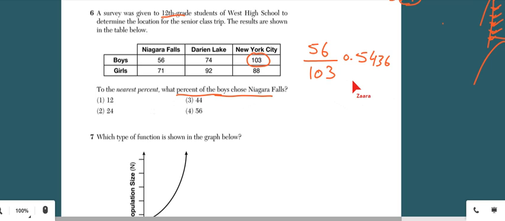Wait a second. No. We have to write it to the nearest percent.